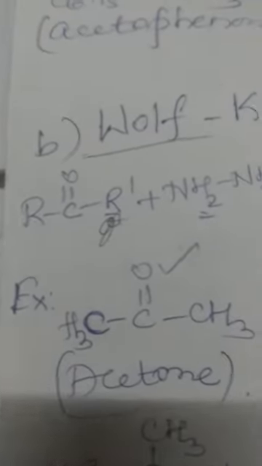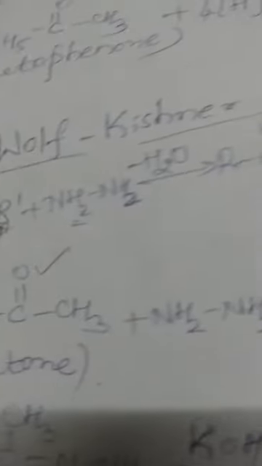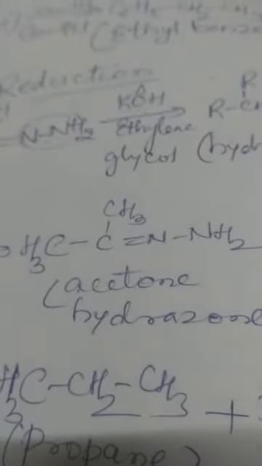Now coming to one particular example of Wolff-Kishner reduction, if you take acetone, CH3 C double bond O CH3, on reaction with hydrazine NH2 single bond NH2, there is elimination of water and you will get the corresponding hydrazone, which will be called acetone hydrazone.